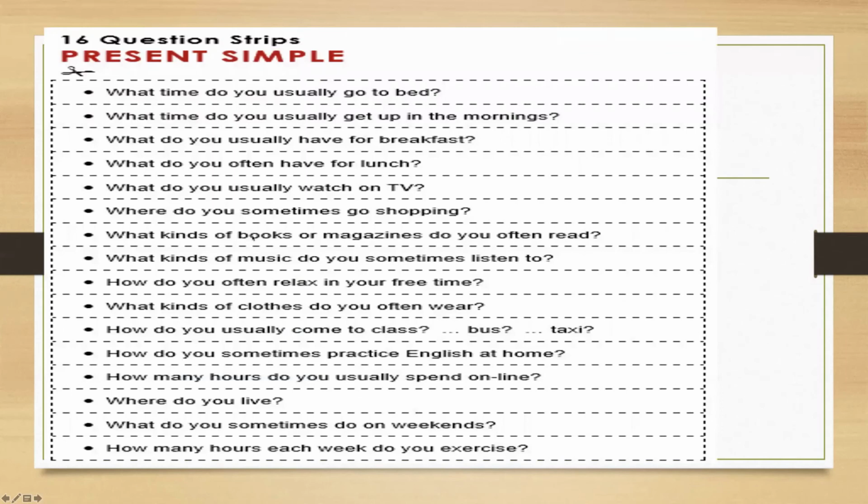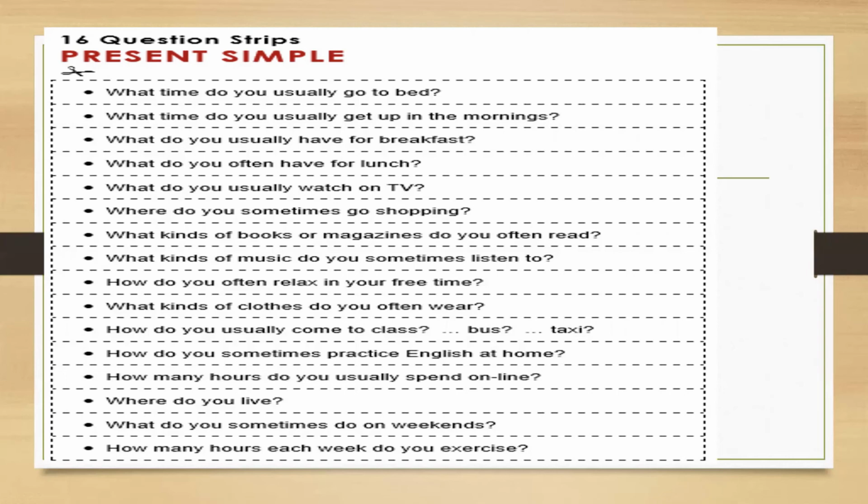The next practice: here are some questions for you and you have to answer them in the present simple tense. The first question is, what time do you usually go to bed? You may answer like this: I usually go to bed at 10 o'clock p.m. Or your own answer.